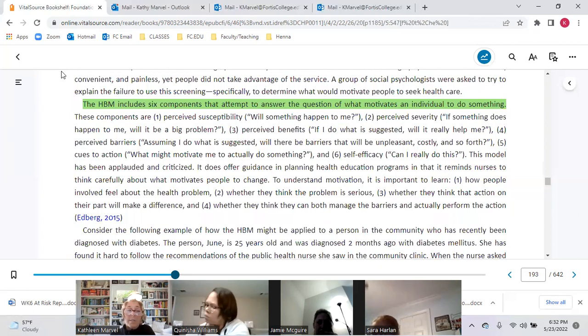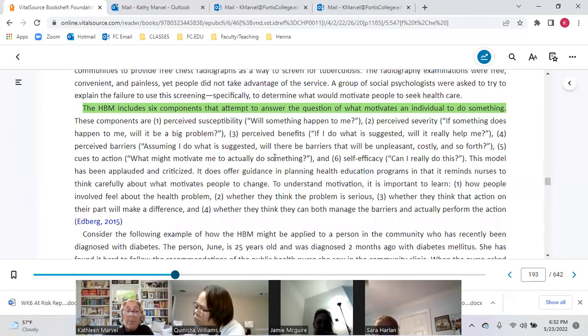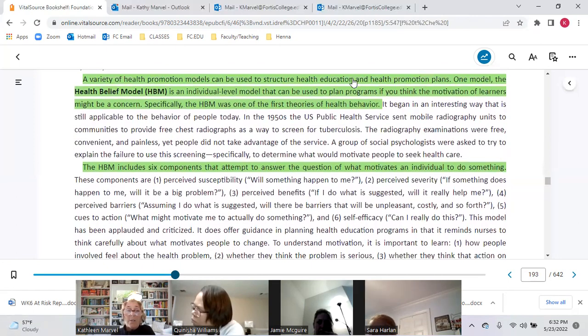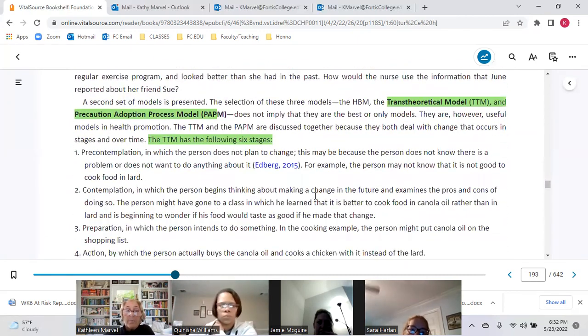And it goes through 6 different components, which we don't need to memorize, just knowing that the HBM model deals with motivation. The M in it to me is motivation. That's how I remember it. And the 6 components that you answer questions on what motivates an individual to do something. So that's how I remember that one. The HBM is motivation. Okay.